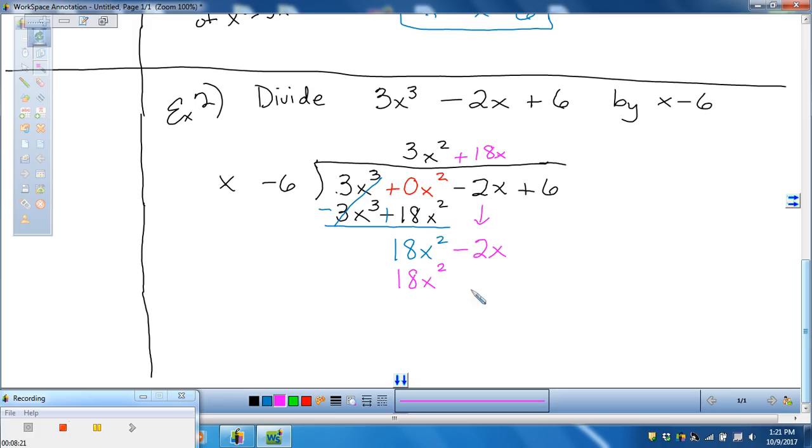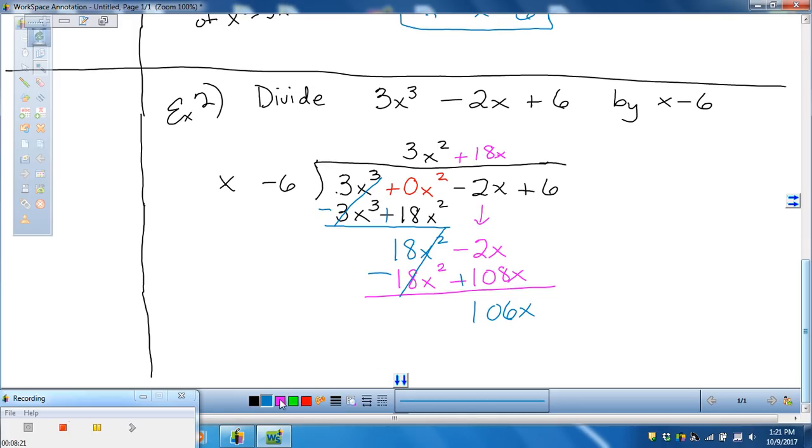So this will be a minus 108x. Now we're going to change our signs, so minus and plus. Notice again the 18x squareds cancel. That first term should always cancel. 108 take away 2 is 106x.